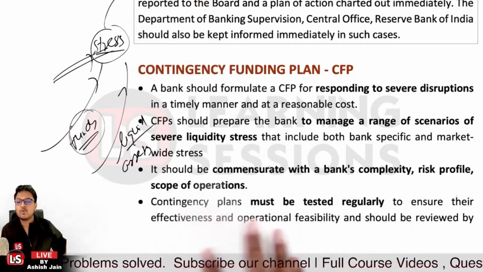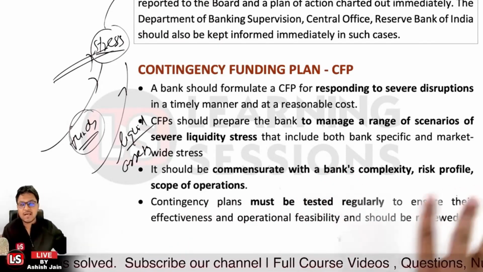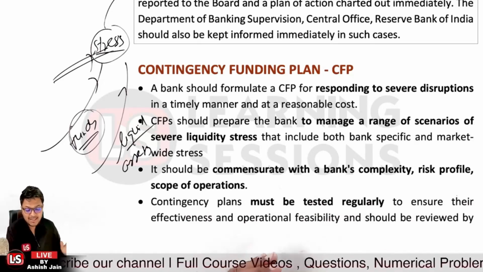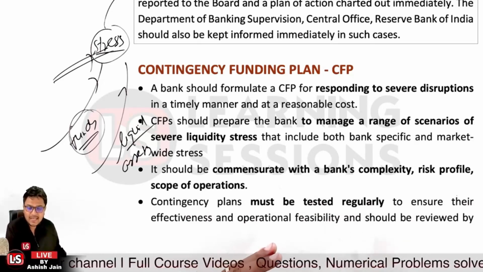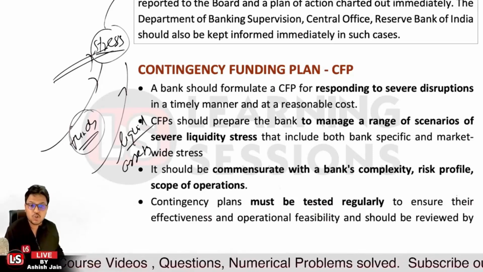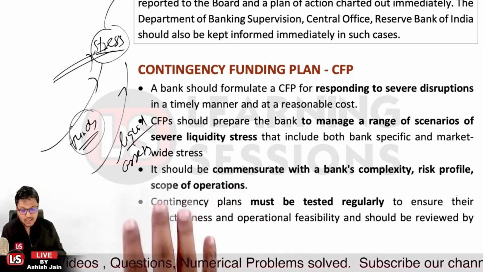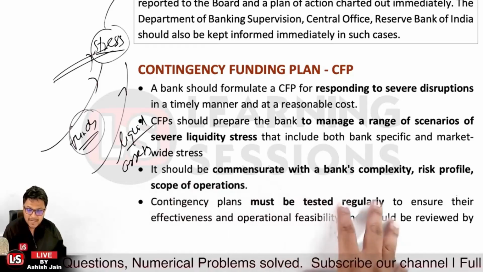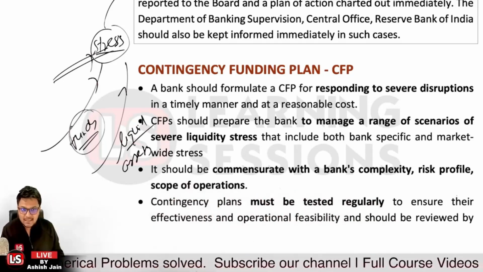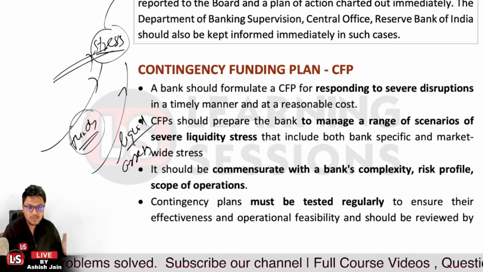That's related to times of severe disruption, so that we can look for the particular remedial actions that can be taken in time, so that we can deal with the liquidity risk position. And further the liquidity risk management CFP plan must be commensurate with the risk profile, the complexity of the bank, and the scope of the functions being performed by the bank.